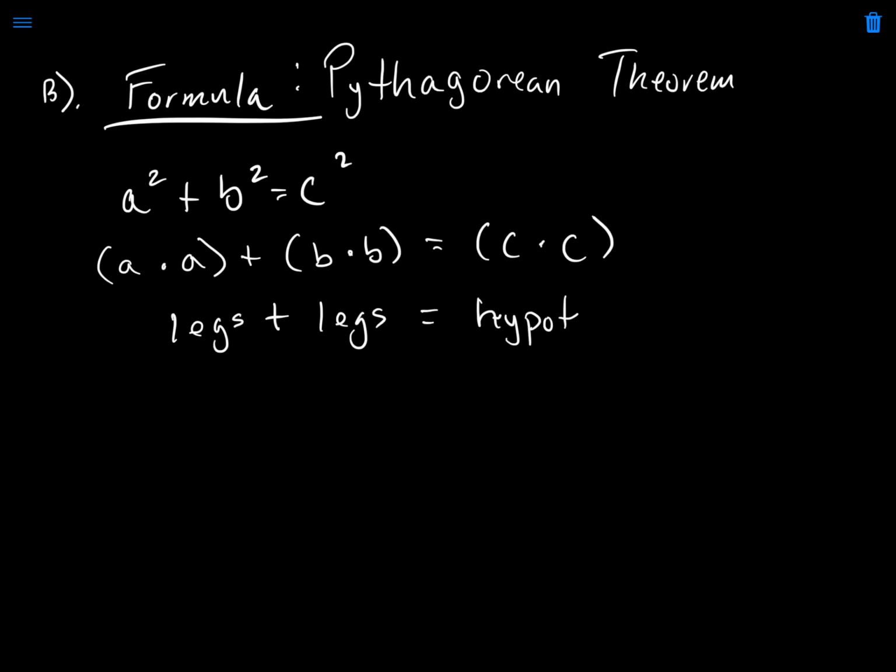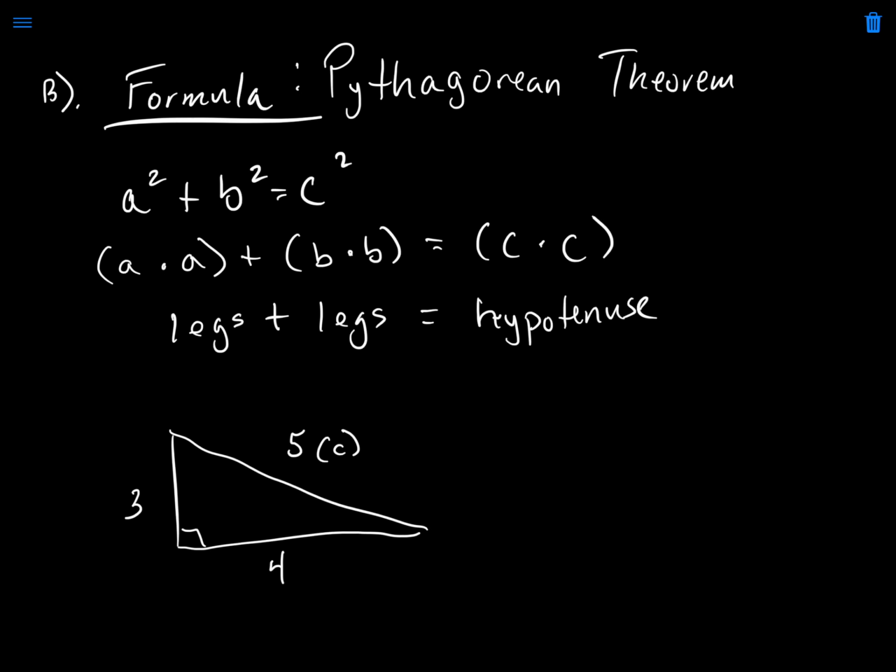So essentially, I'm going to use an example. Say I have this right triangle right here. And I say that this is 3, 4, and 5. I'll say C is my biggest side, followed by B and A. So if I write the formula, A squared plus B squared equals C squared, and I say that A is equal to 3 to the second power, which is the same thing as 3 times 3, which is 9.